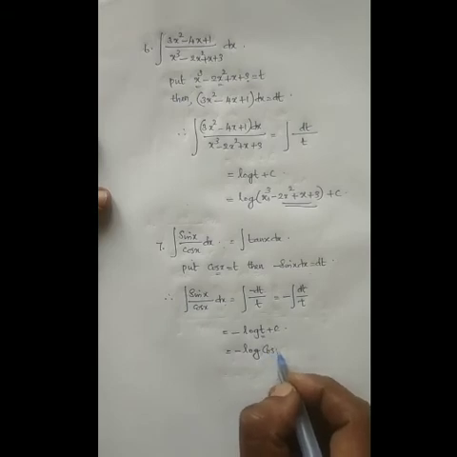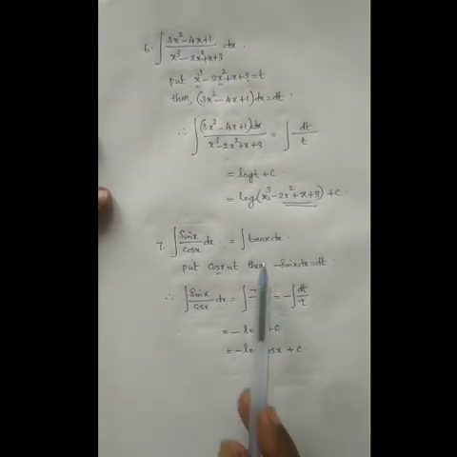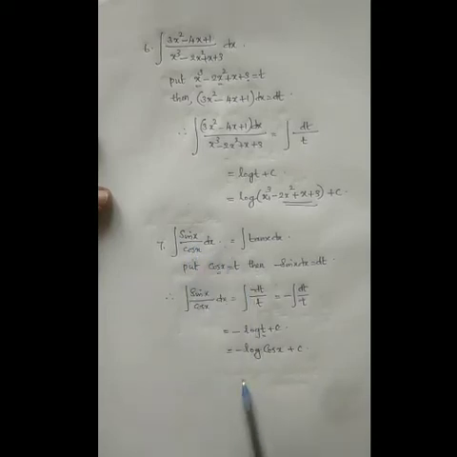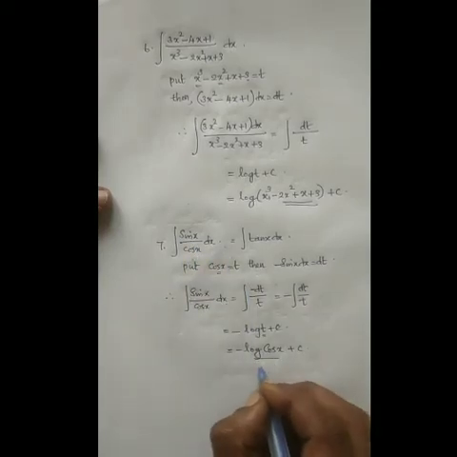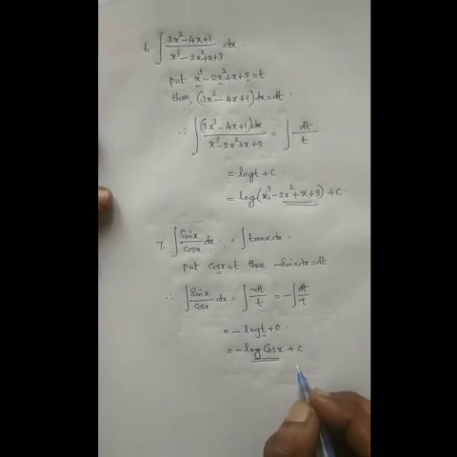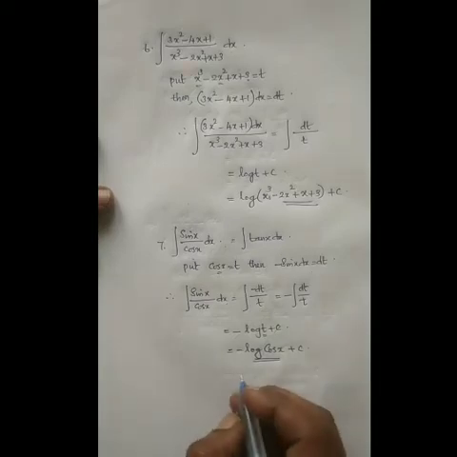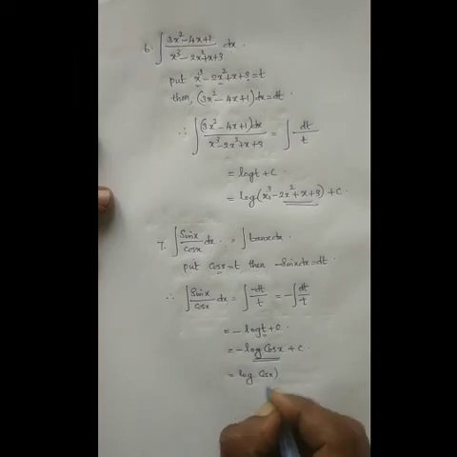It's equal to minus log cos x plus c. Therefore, integral of sin x by cos x dx is equal to minus log cos x plus c, or this can be written as, see, log (cos x) raised to minus 1 plus c.